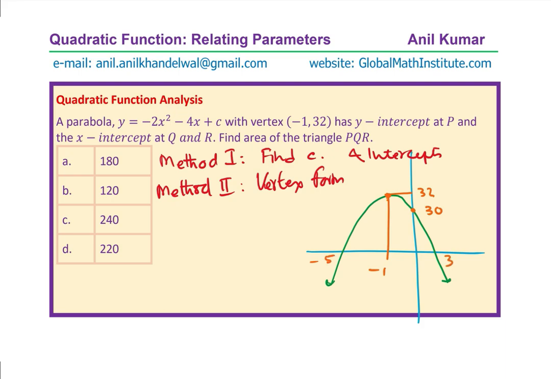We are interested in the x and y intercepts, and we found that the area of the triangle was equal to half of 8 times 30, which gave us the value 120 square units, and that is how we solved it.